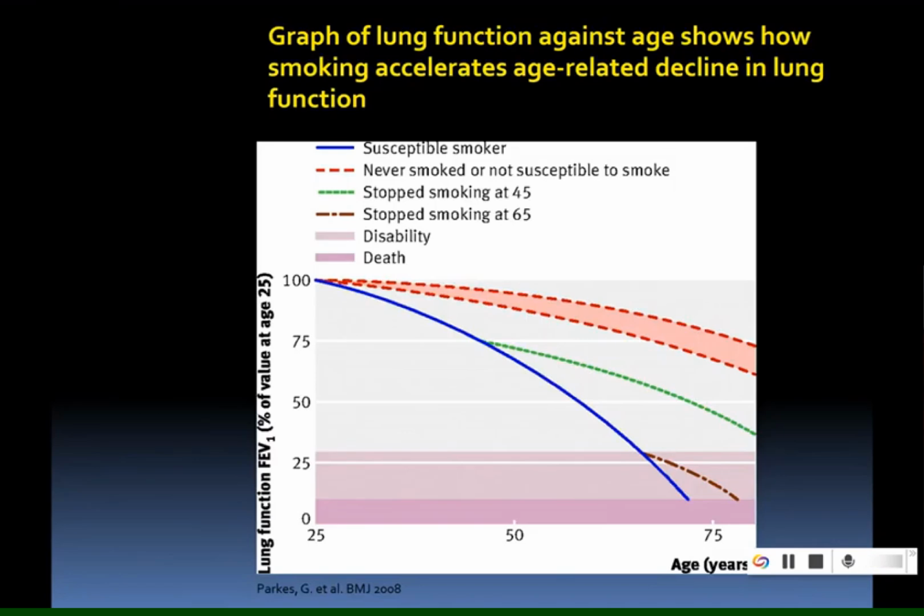Here's a study from Britain, a 2008 study published in the British Medical Journal, that showed that, Mr. Smoker, if you're the age of 50, you have the lungs of a 75-year-old, and by stopping smoking, you can delay this course of lung deterioration.